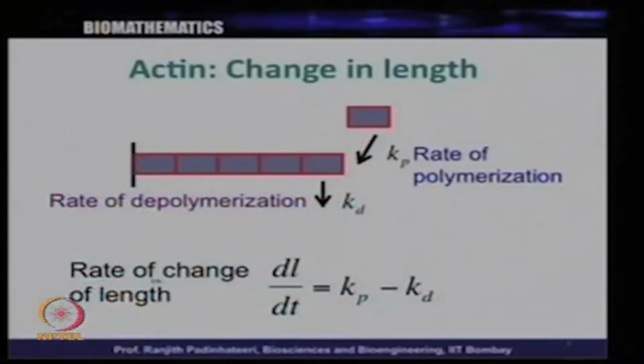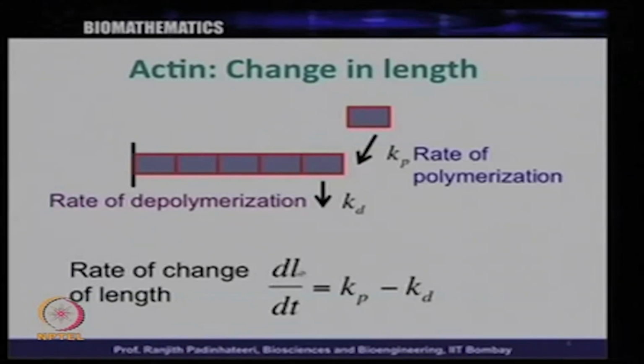Have a look here, the rate of change of length, dL by dt. dL is the change in length, dt is the change in time. When the time changes by a small fraction dt, the length will change by a fraction dL, and this dL by dt, the rate of change of length, is nothing but Kp minus Kd, multiplied by the length of the monomer.